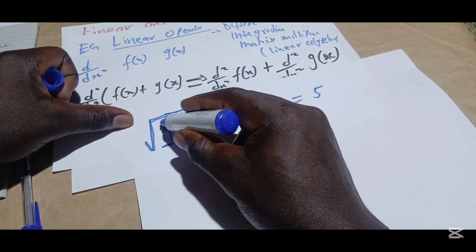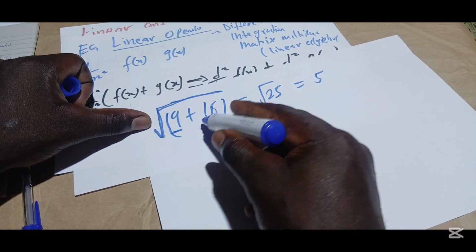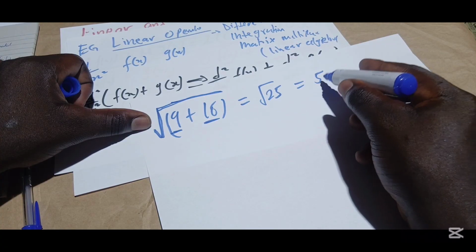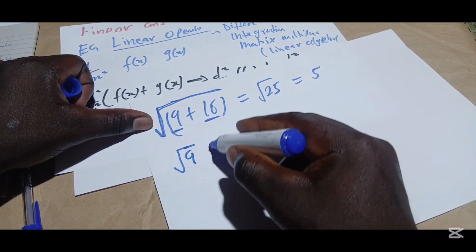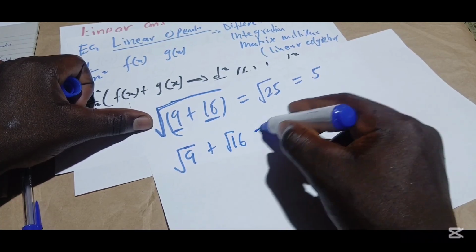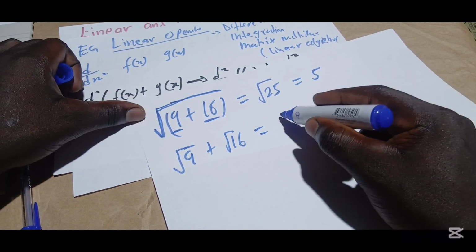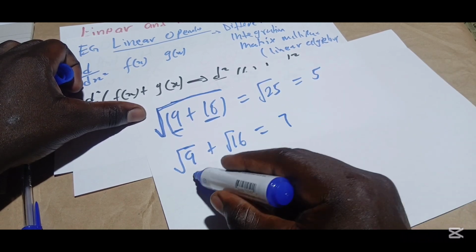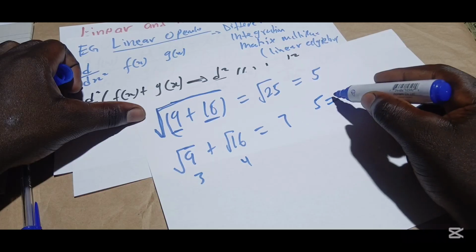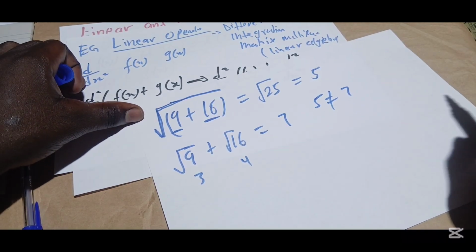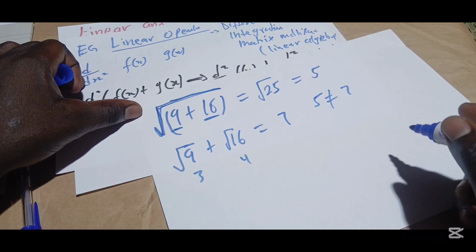So our operator is now operating on 9 plus 16, and this gives us 5, right? What if we take the square root of 9 plus the square root of 16? Basically, this is going to give us 7, right? Because this gives us 3, this gives us 4, so 7. And you can see that 5 is not equal to 7. So the square root sign is a non-linear operator.